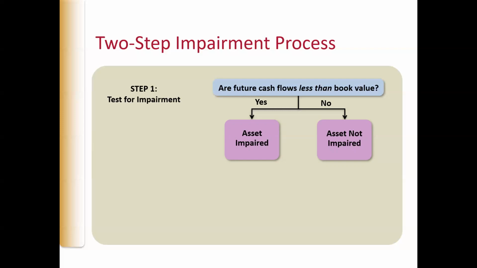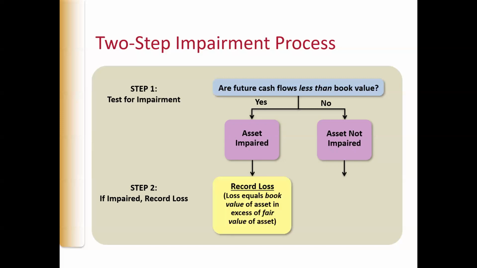If the future cash flows are greater than the book value, you do nothing. If we see the asset is impaired, then we record a loss. And the loss is equal to the book value of the asset in excess of the fair value of the asset.